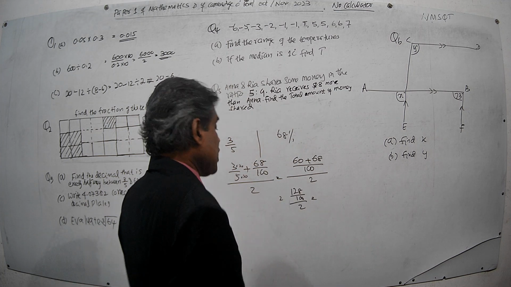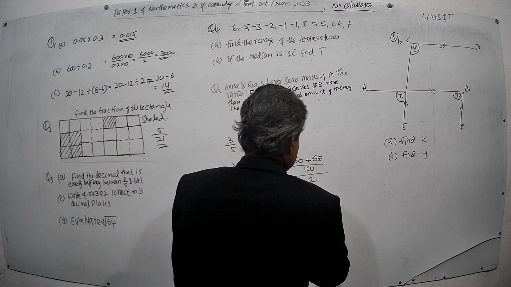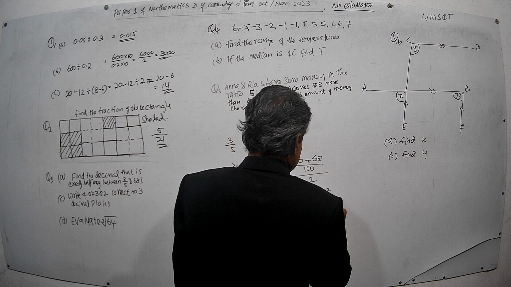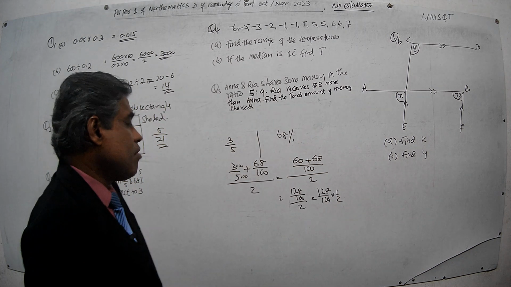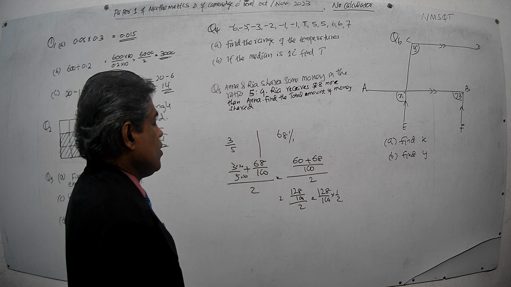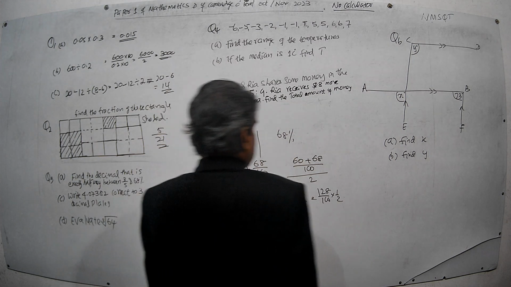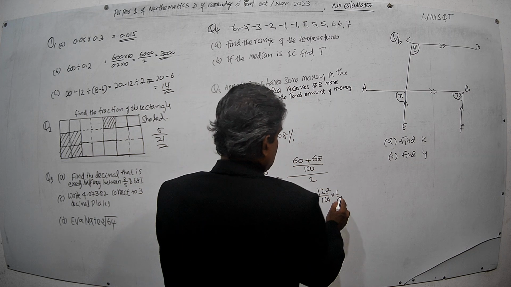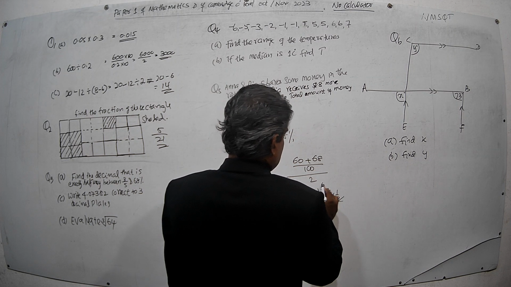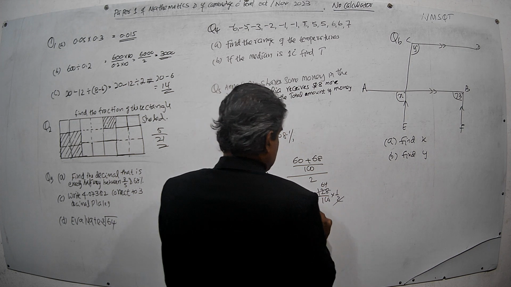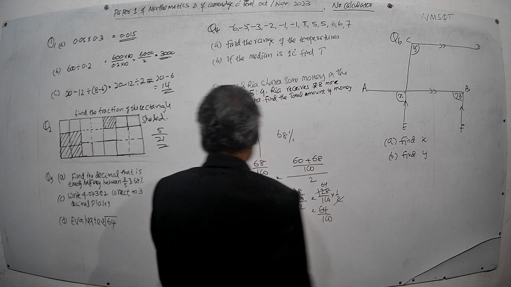You can take this 2 up by converting division into multiplication, like 128 over 100 times 1 over 2. When it comes up, it becomes 1 over 2. Right? Okay. Then 2 times how much here? 2 times 64 is 128. Then 64 over 100.